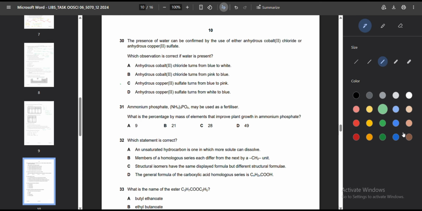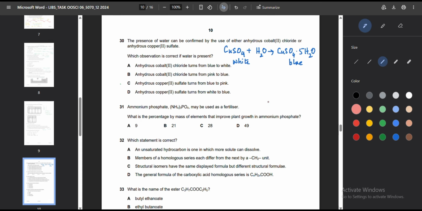Now if you write the reactions for them, CuSO4, this is white, and when you add water to it, it becomes hydrated copper sulfate, and its color is blue. So that gives a positive test for water when the color changes from white to blue.